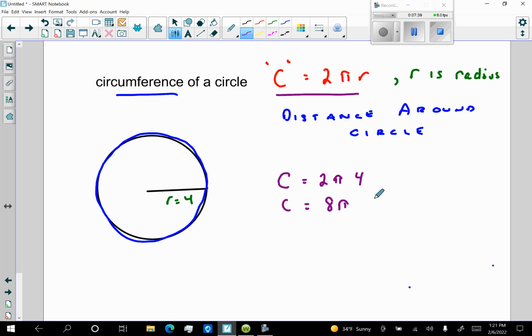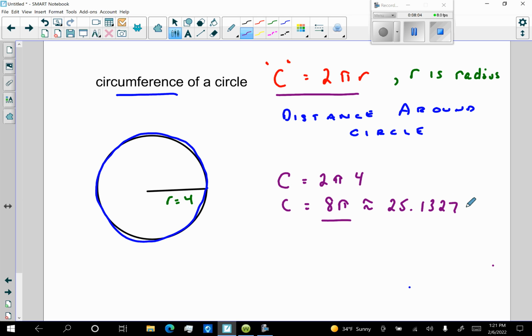We could certainly approximate this if we would like, and we just take 8 and multiply it by pi with our calculator. This is the more exact answer, but if I take 8 and multiply it by pi, I'm going to get approximately 25.1327.